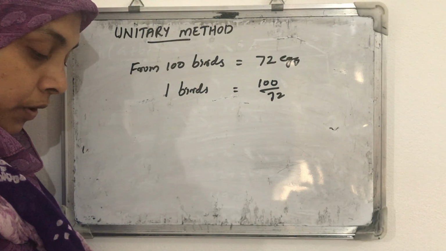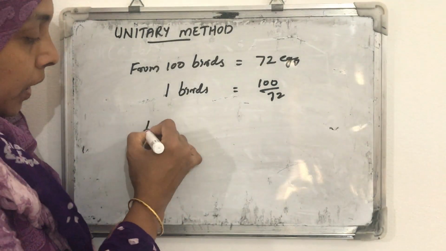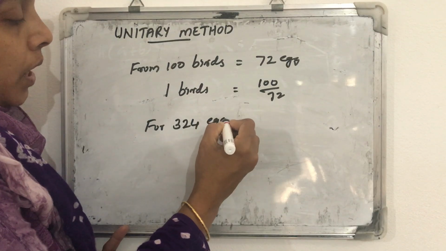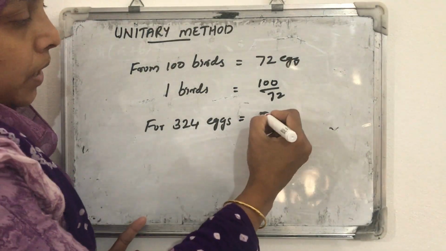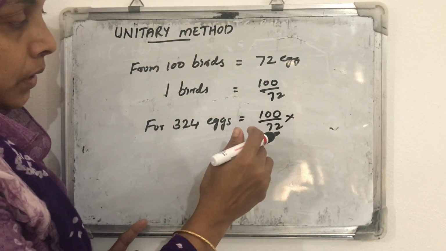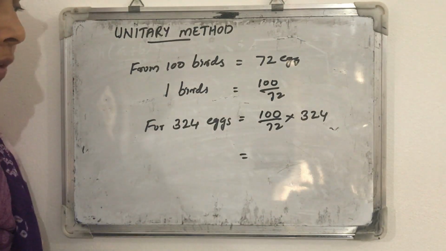How many birds will produce 324 eggs? So for 324 eggs, the number of birds needed will be 100 by 72 into 324. Using this calculation you will get the answer.